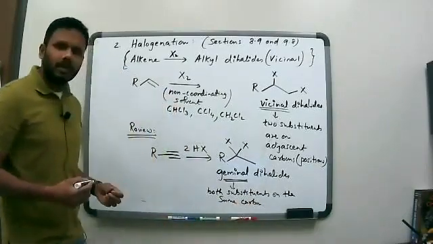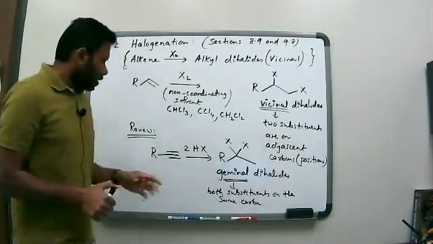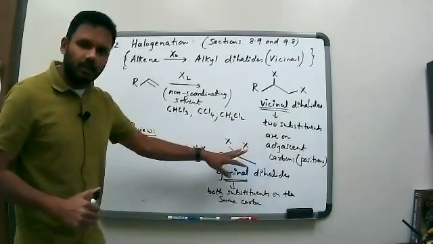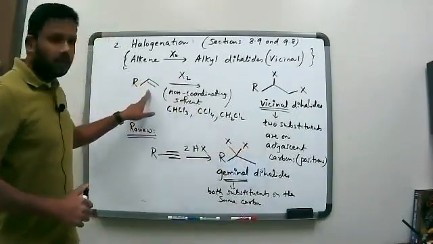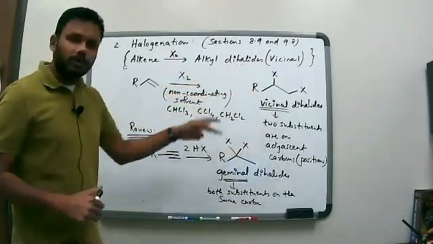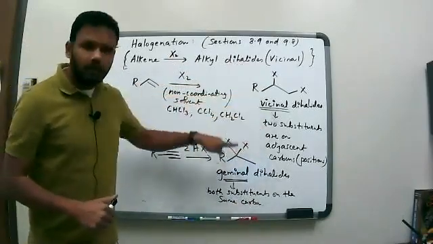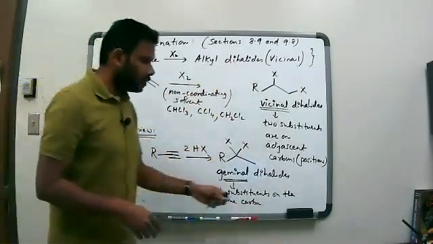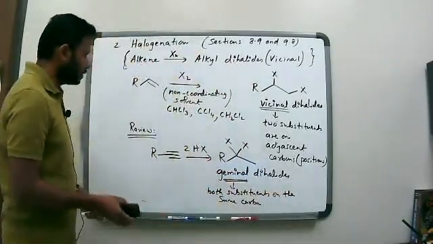So that's called a geminal dihalide. So that means alkynes, when they undergo hydrohalogenation, we get a geminal dihalide. Alkenes, when they undergo halogenation, we get a vicinal dihalide. They're both dihalides, but they are not the same. One is a vicinal dihalide, the other one is a geminal dihalide. Okay, so that's the difference here.